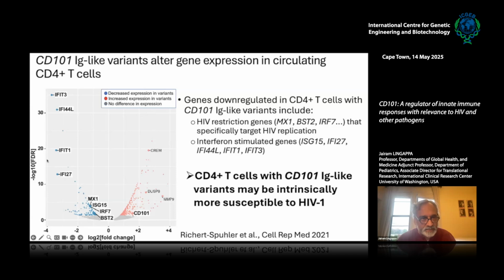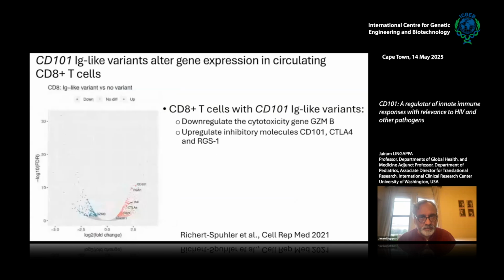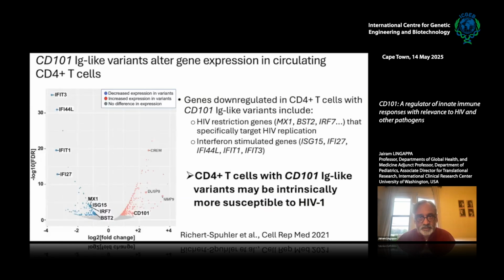So on the y-axis, the statistical significance of this fold change in expression. And so you can see from here that CD4 T cells with CD101 Ig-like variants may be intrinsically more susceptible to HIV because they're expressing HIV restriction genes, MX1, ISG15, IRF7, BST2.